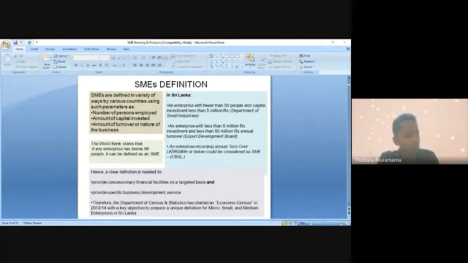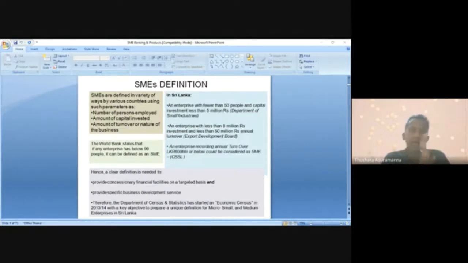Somebody would use all 3, somebody would use at least 2, somebody would use maybe 1 criterion. So when you say criteria, you need to write these 3: number of people, amount of capital, and amount of turnover.